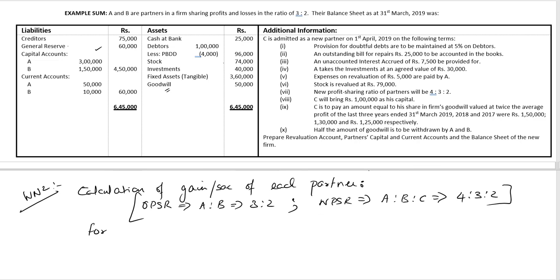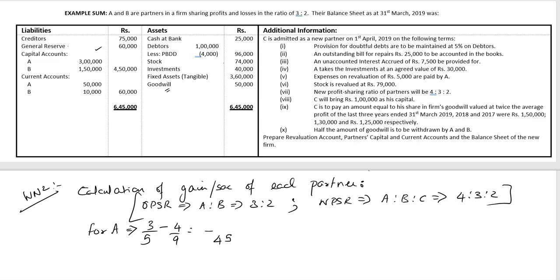For partner A, old share 3 divided by 5 minus the new share 4 divided by 9. We get a positive 7 divided by 45, and he has sacrificed.